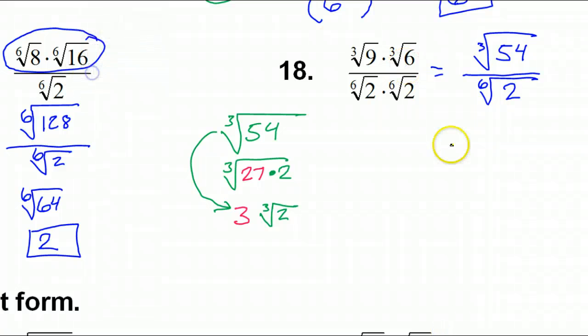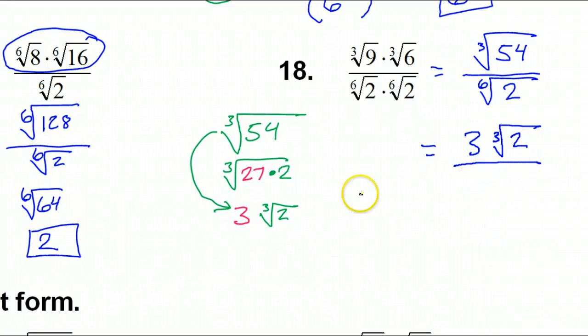So this will now become 3 times the cube root of 2 over the sixth root of 2. Okay, I could do that. Now, what I'm noticing is I have 2 bases that are the same.